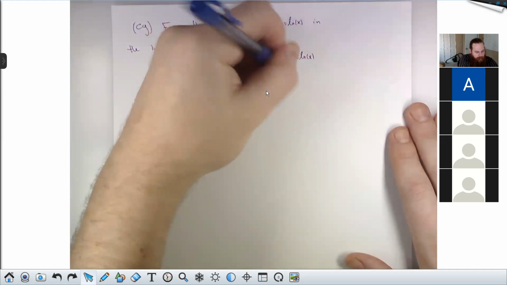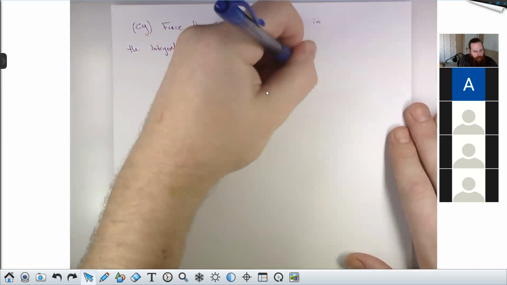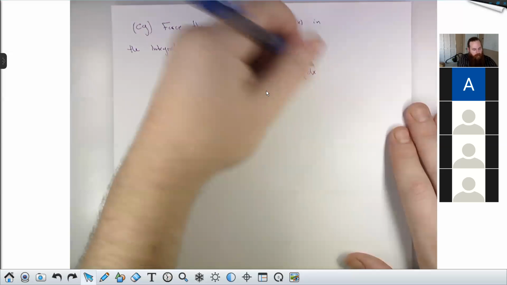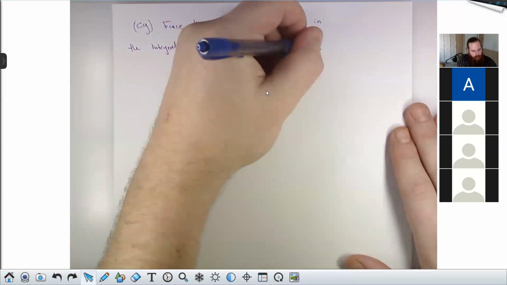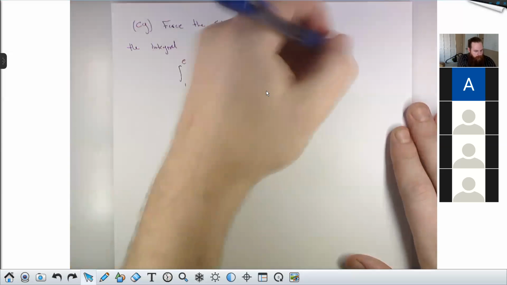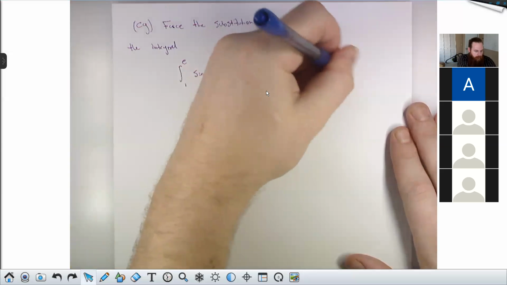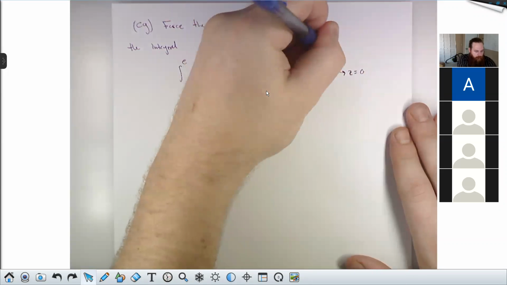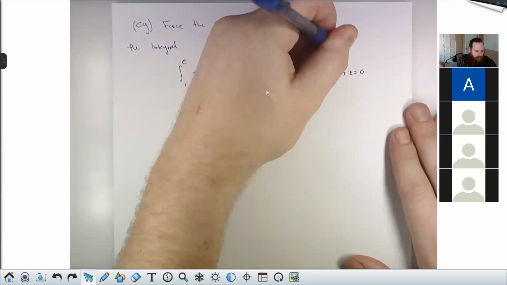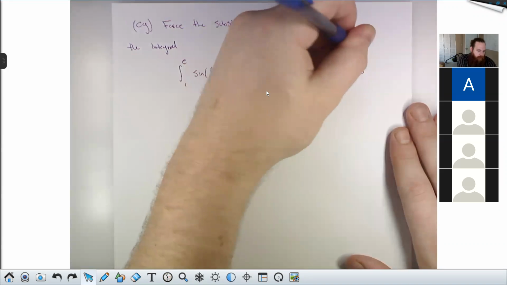If z is ln x, then dz is 1 over x dx. And I definitely don't have a 1 over x anywhere here that I can work with. I'll change my bounds. When x is equal to 1, z is equal to the ln of 1, which is 0. And when x is equal to e, z is equal to the ln of e, which is 1.